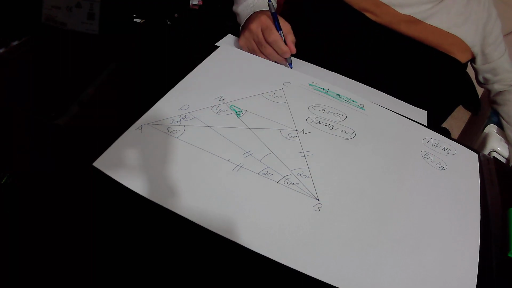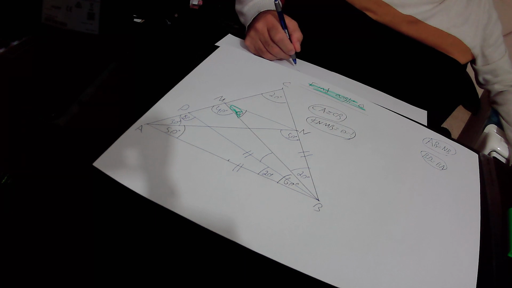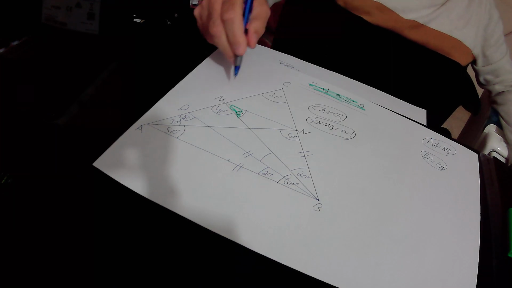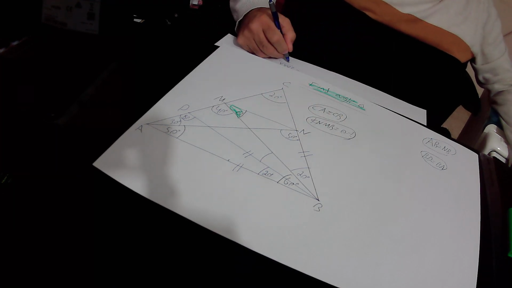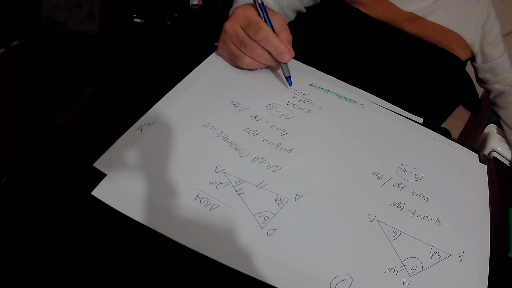The big angle, angle MBA, minus the small angle, angle DBA, must be equal to the missing angle, angle MBD.